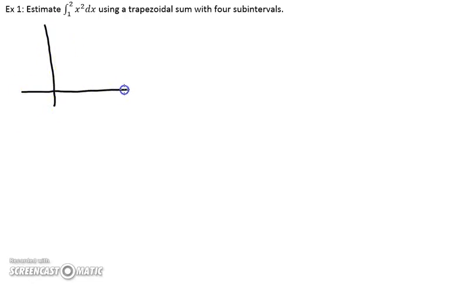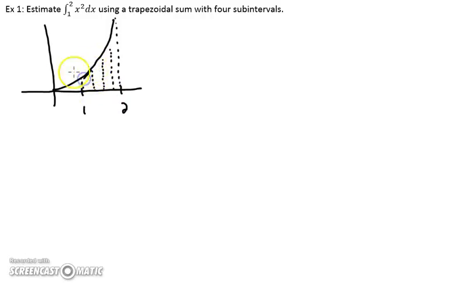We're going to have x squared, but we're only dealing with from 1 to 2, so we want to think about this area here. Now we want to split that into 4 separate trapezoids. So we're going to separate it there, there, and there. So we're going to be at 1.25, 1.5, 1.75.